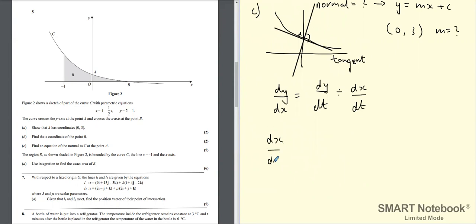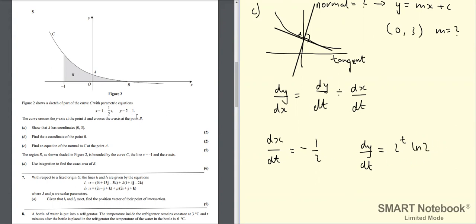So that then means that we need to differentiate x and y. So dx by dt equals minus a half, and dy by dt, if we differentiate 2 to the power of t, we should remember this, one of those rare ones, but when it does come up, throws most people off. 2 to the power t ln 2.